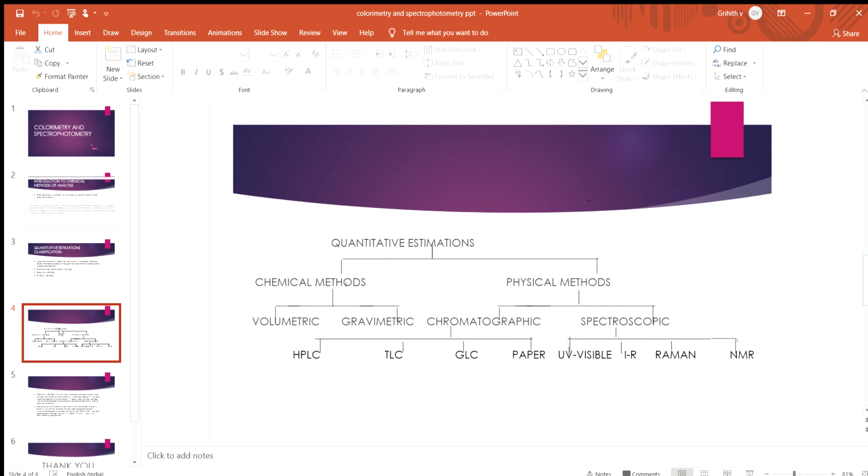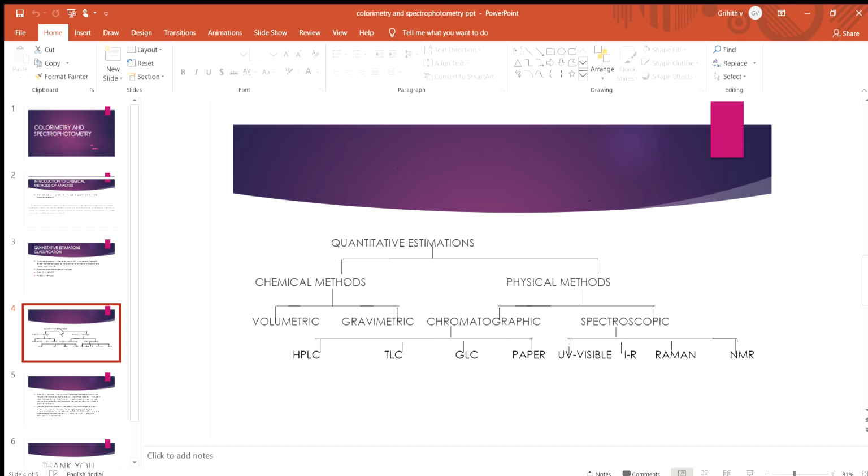From that molarity, we'll determine the amount of that compound present in the sample. So what we are doing here ultimately, we are calculating the amount of the compound present in the given unknown sample. So from this we'll know that it is a quantitative estimation, quantitative chemical method.